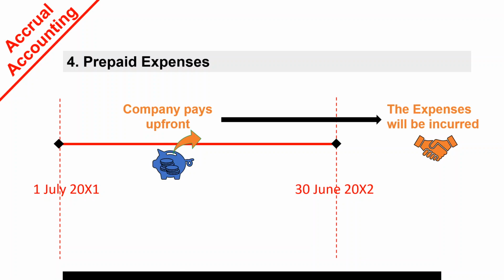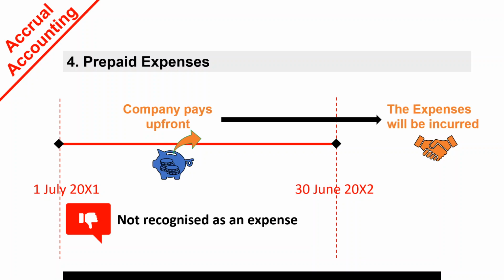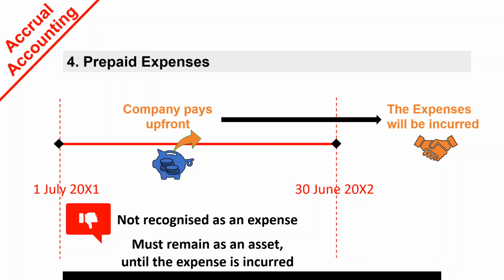So whatever amount is not incurred should not be recognized as an expense in the current reporting period. Rather, it should be recognized as an asset until the economic benefits are used or consumed.